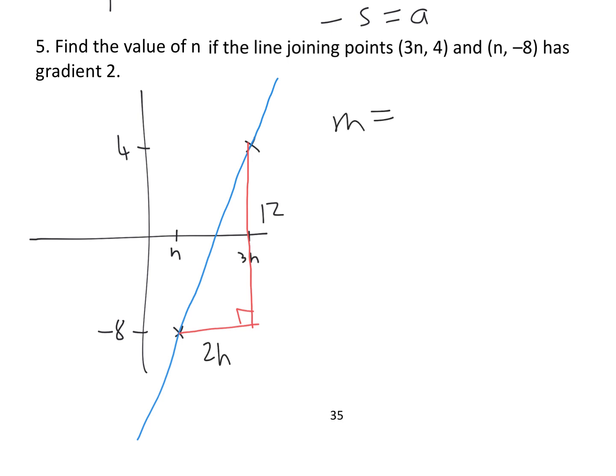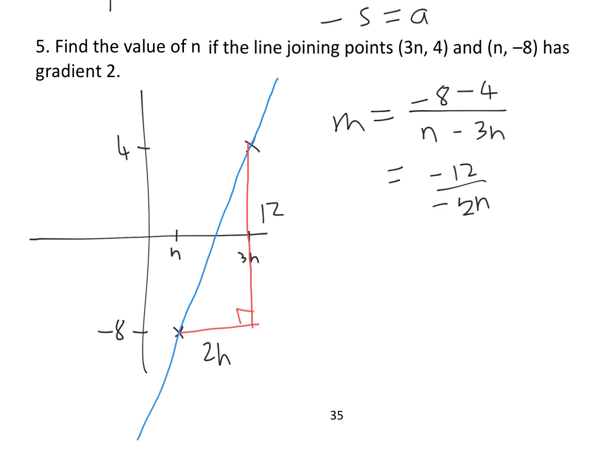So the gradient is your change in y, or your -8 minus 4, divided by the change in x, which would be your n minus your 3n. That gives -12 over -2n. Slightly different from the diagram. We've got 12 over 2n, but they're both negatives.